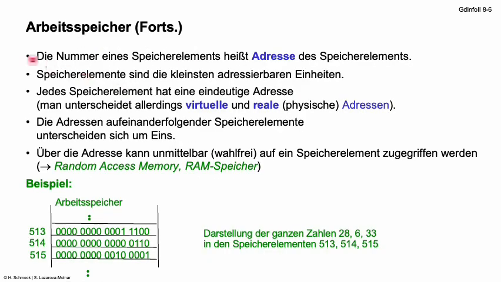Furthermore, the number of a memory element is also known as its address. These memory elements are the smallest addressable units, so you cannot access, let's say, the second half of a memory element. You have to access the whole memory element.